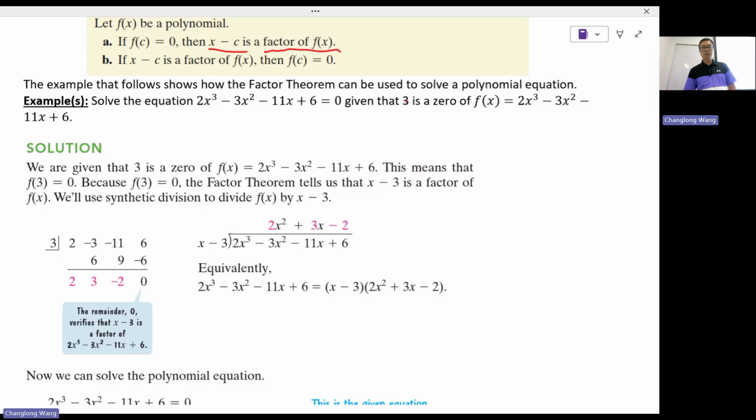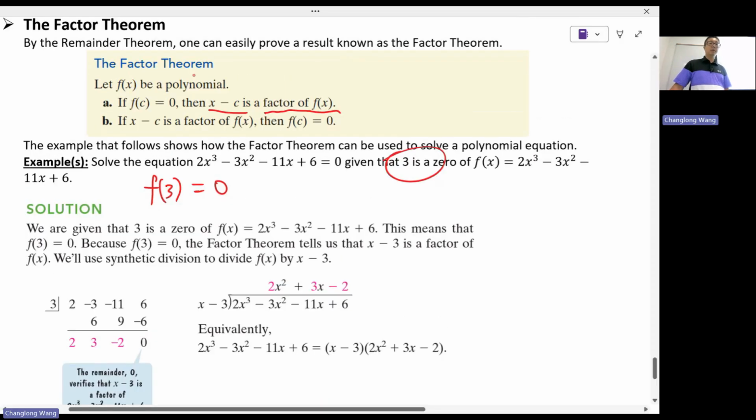But unfortunately, you need to know something to get started. So for some reason, we know that 3 is a 0 of this function f of x, which means that if you evaluate f of 3, it will be 0.